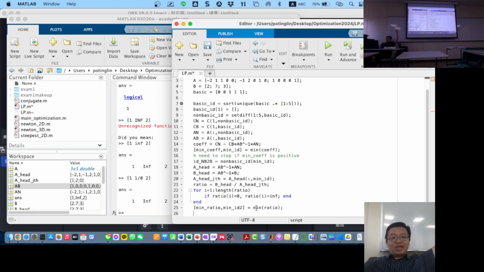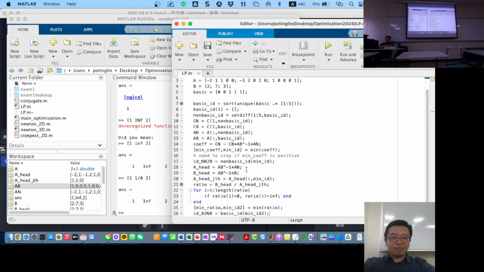So when I do the min ratio, I won't be able to pick up that one. Only the smallest positive one will be chosen by this line. Once I have it, I know the ID for basic to non-basic will be the basic ID and then min ID2 here. Same trick.